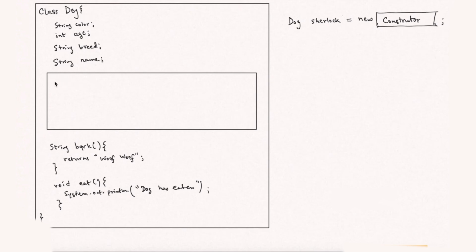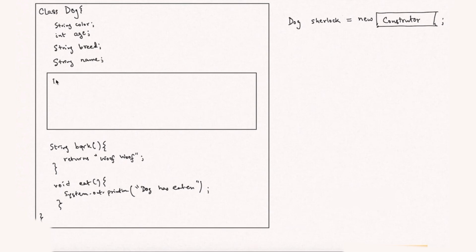A constructor is just another method. How is it special? It's special because the name of the constructor is the same as the name of the class, and it also starts with a capital letter or an uppercase letter. Every other method's name starts with a lowercase letter, right? But with a constructor, the name of the constructor is the same as that of the class, and it starts with a capital letter or an uppercase letter.